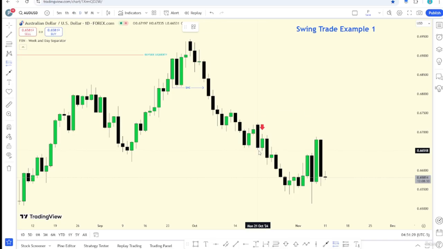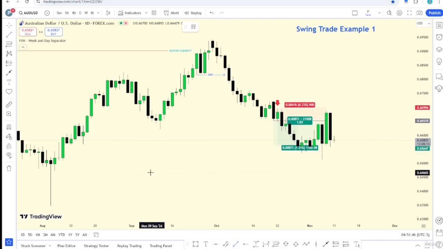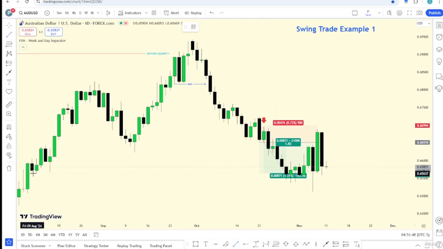I'm going to use the low of the order block as an example. Our entry comes in at the low of the order block, and for the stop loss, I'm going to use the high of the order block, maybe adding a few pips above it. Then for the take profit level, I'm going to use these lows down here.